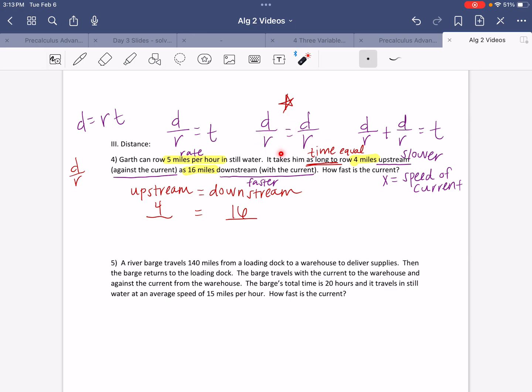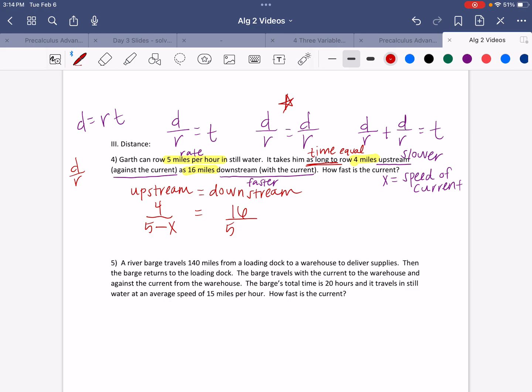Now let's think about his rate. We know that typically he goes 5 miles per hour, if it's just him rowing. But now we have to account for the current. If he's going upstream, he's going slower, so he's not going 5, he's going 5 minus whatever the current is doing to his pace.